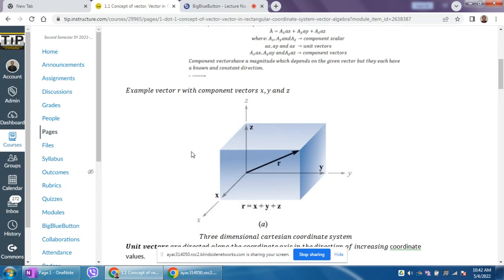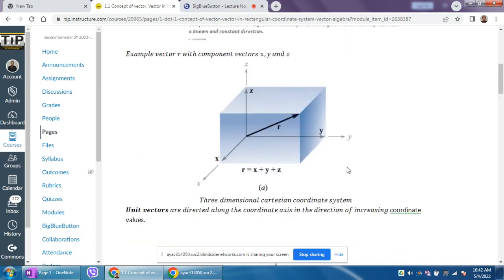So basically, this is our three-dimensional Cartesian coordinate system. So most of the time, we use the two-dimensional Cartesian coordinate system wherein we have the X as the horizontal and the Y as our vertical.